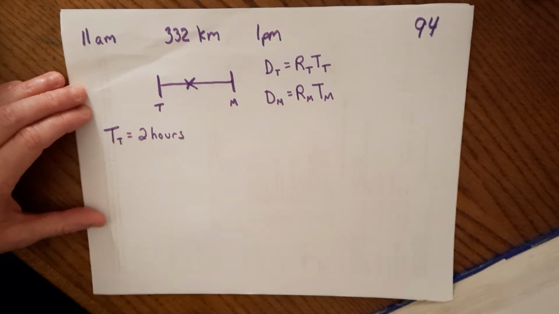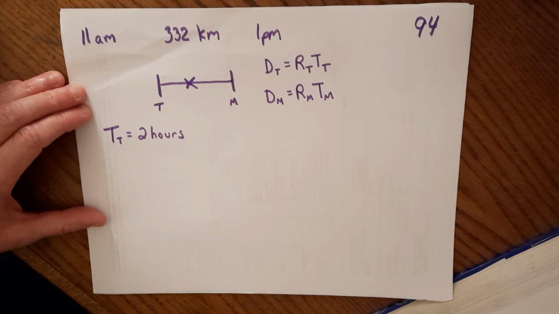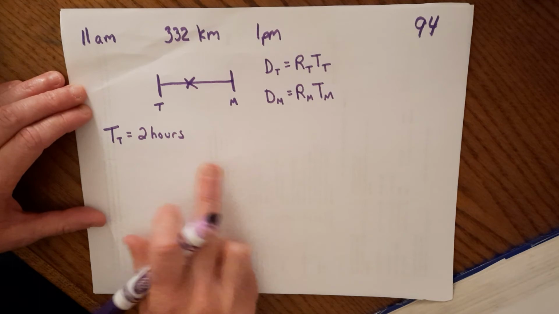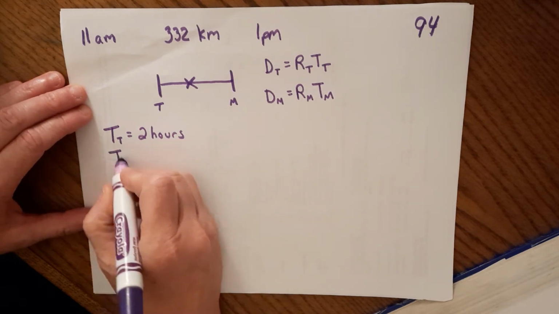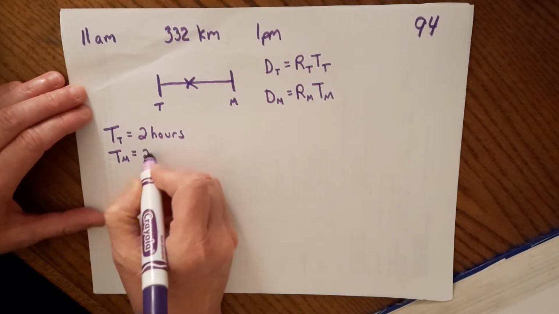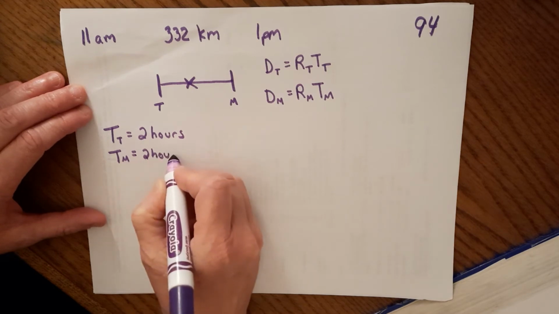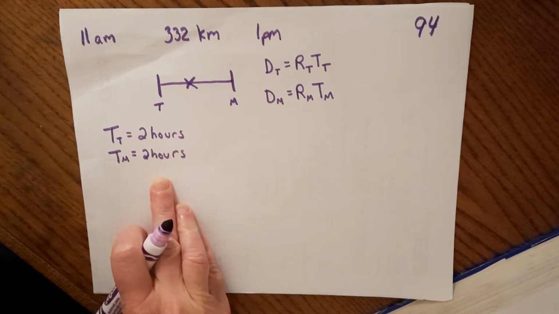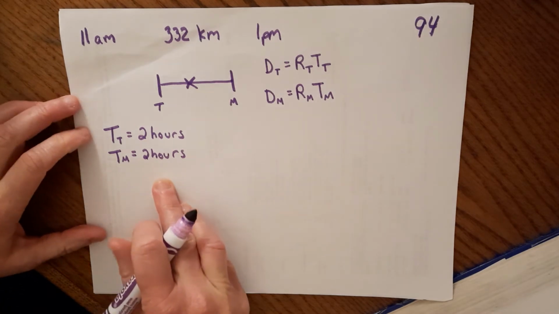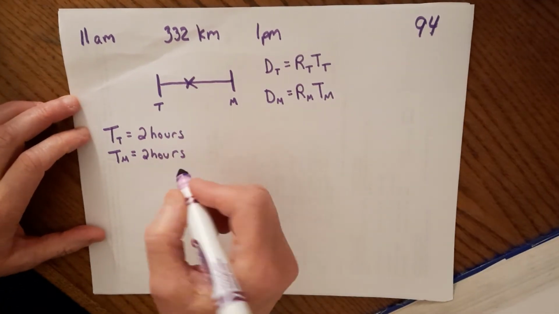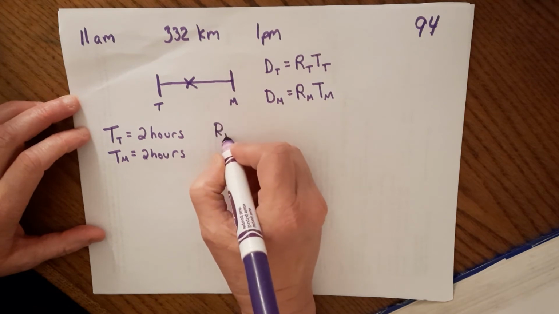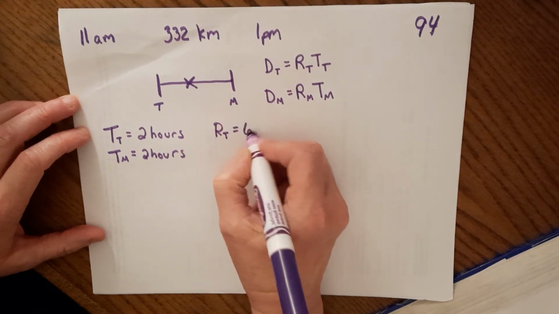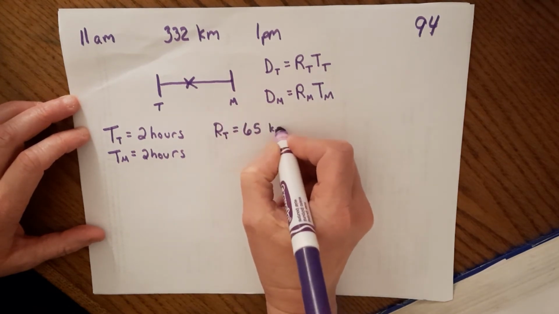We also know, it says in here, that the Mackinac train left at the same time. It left at Mackinac and met at 1 p.m. So the time of the Mackinac train is also 2 hours, which is convenient. What else do we know? It also tells us that the rate of the Toledo train was 65 kilometers per hour. So we're going to go ahead and write the rate of the Toledo train is 65 kilometers per hour.